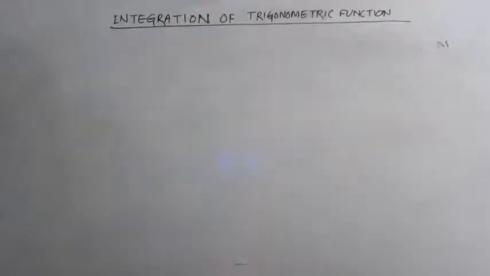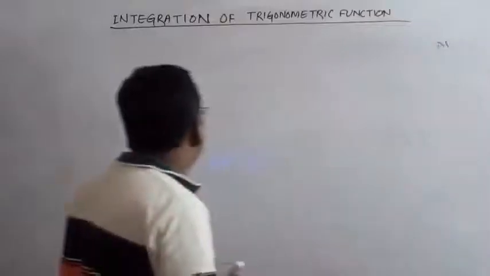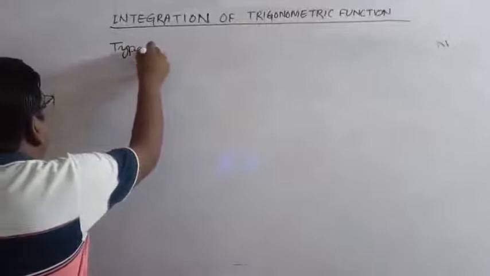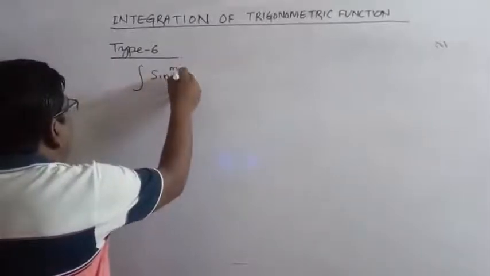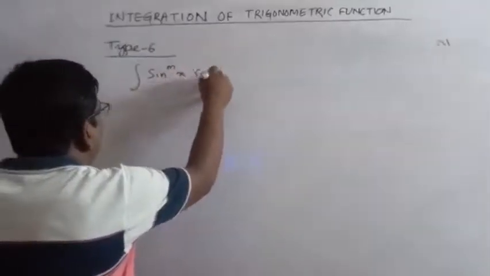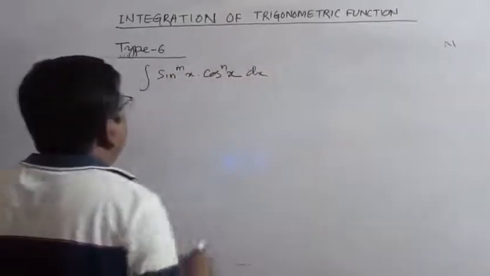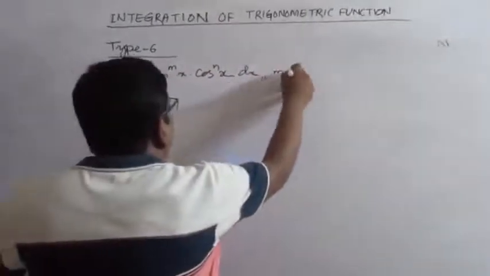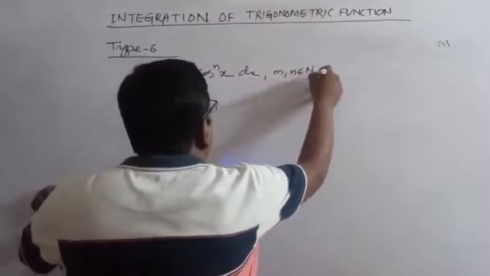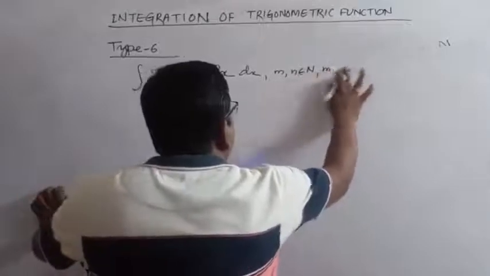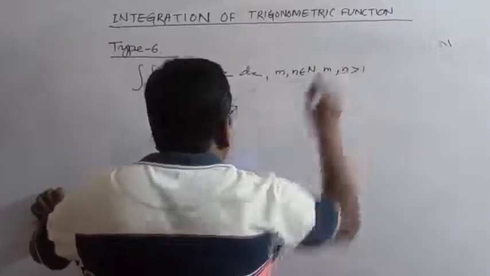Now type 6: integration of sin mx into cos nx dx, where m, n are greater than 1.